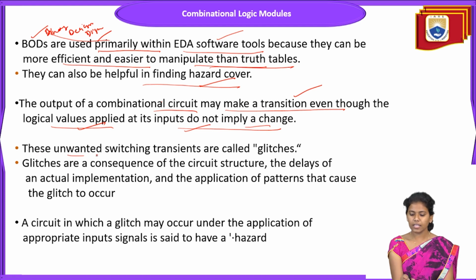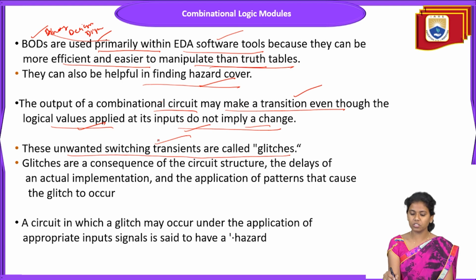Then these unwanted switching transitions are called glitches. If you are unnecessarily manipulating any bits on the input side, then the switching transients of the bits from the input, in order to balance the output or get the correct output, are what we call transitions.